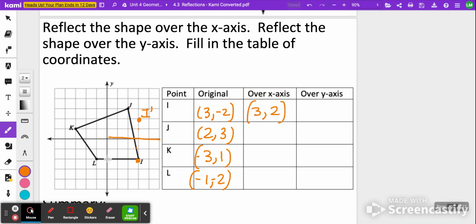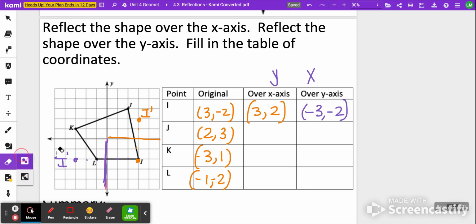But if I reflected I over the y-axis, I is 1, 2, 3 steps away, so 1, 2, 3 steps away to get I prime here. That's at negative 3, negative 2. Okay, so when you reflect over the x-axis, the y value changed. And when you reflect over the y-axis, the x value changes.